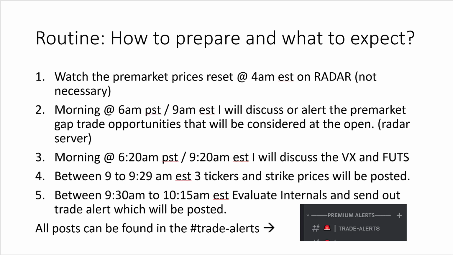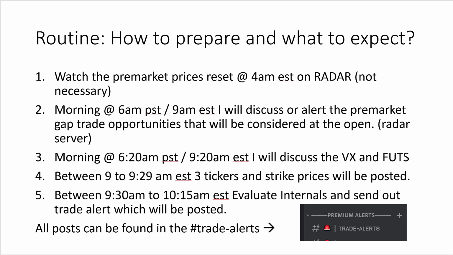So talking about the VIX, futures, and then looking at specific stocks that are gapping and seeing if there's any news associated with it. If it has news, then most likely that gap is not going to get filled. If there's no news, then the gap is going to get filled.